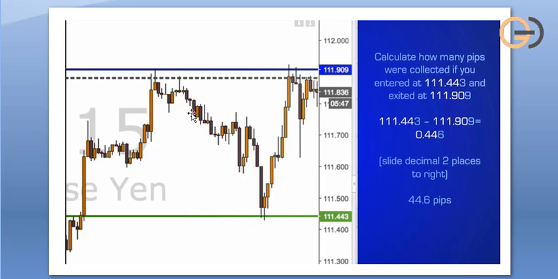So when the chart is like this, you look at the entry point, you look at the exit point, you subtract, and then you move your decimal 2 places. That is where you get your pip movement, the SI unit of price, how price has moved so far. Okay, so that is pip for you.